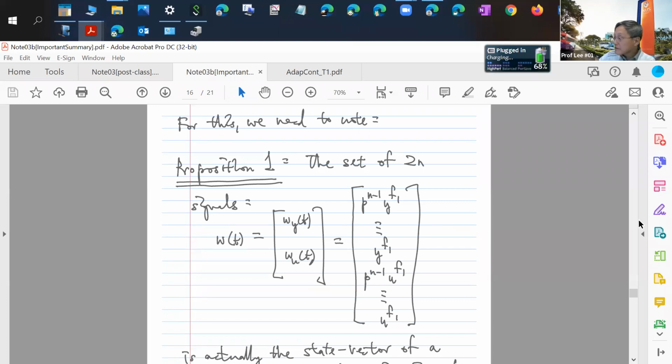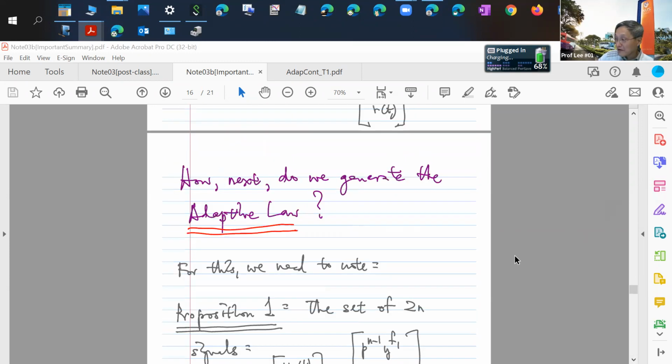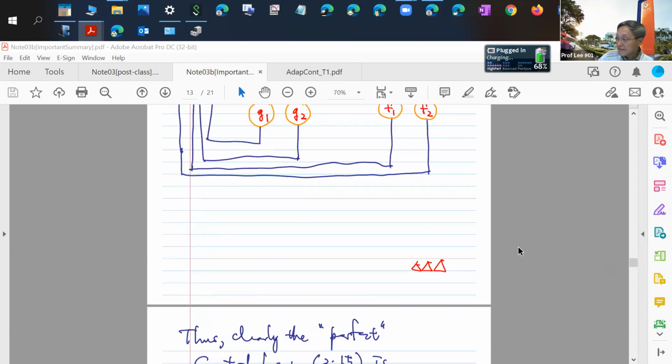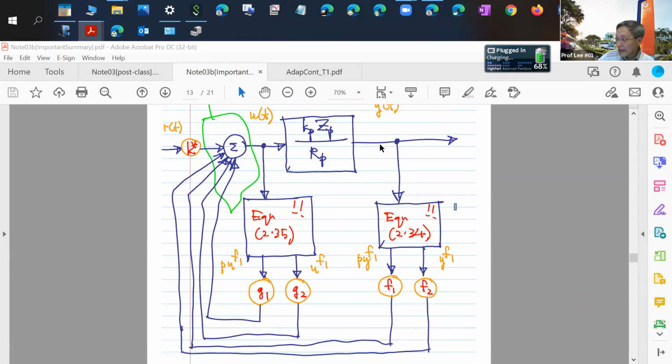The first result, which I told you, I said it will be interesting. It will be interesting, I promise you. And you will see it here. So go back to the diagram. Remember, this is now developed for a second order system so that we can clearly see what happens.